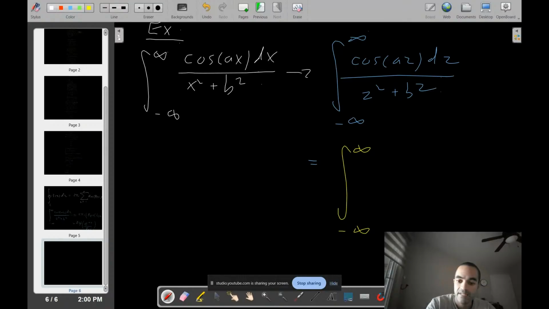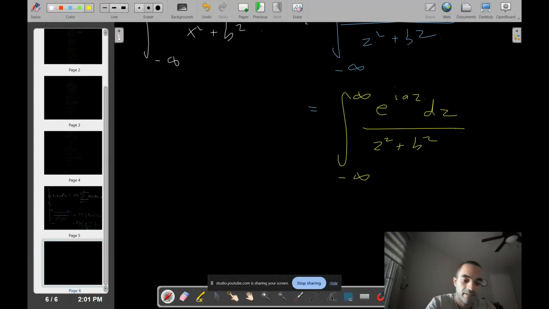It was e to the i az, right? This from Euler's identity, taking the real part, over z squared plus b squared. This was the complex way of doing the contour. This was the contour integral method that we did earlier, not too long ago.